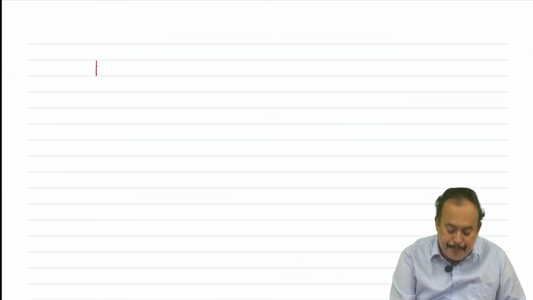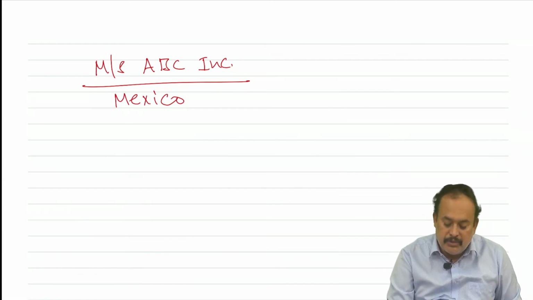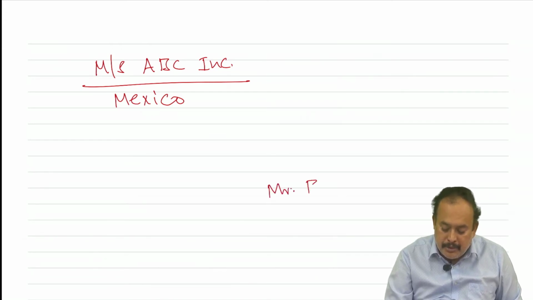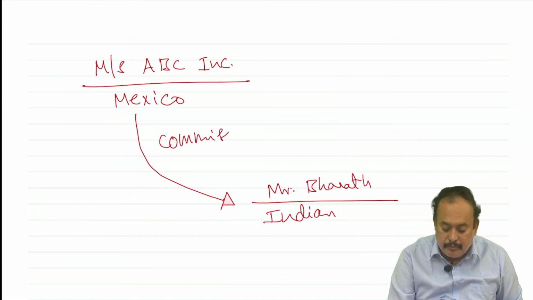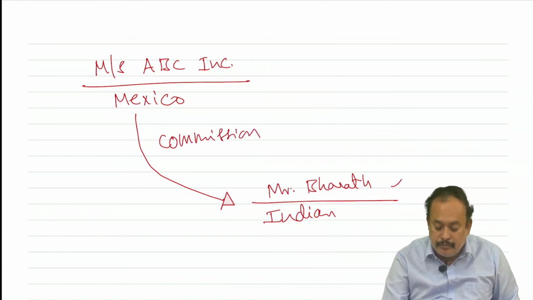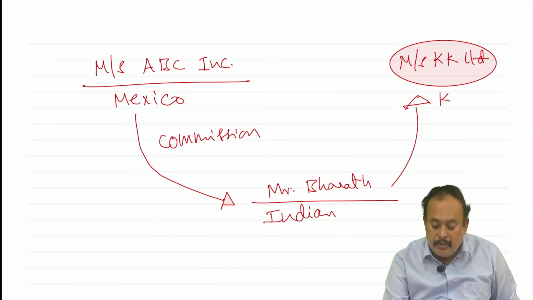For example, ABC Incorporation, Mexico, and here Mr. Bharat, an Indian, in India, receives a commission for getting buyers of Canada.